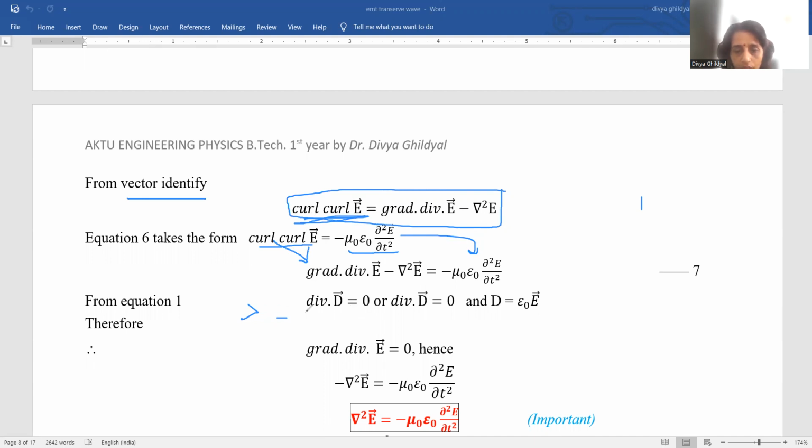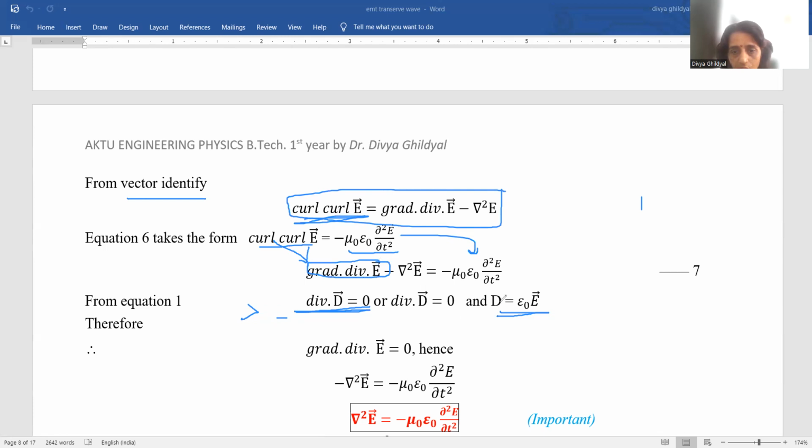Okay, from equation 1, for free space, divergence D is equal to 0, and D is epsilon naught E. So what we have done is that gradient divergence E, this quantity, will become 0.